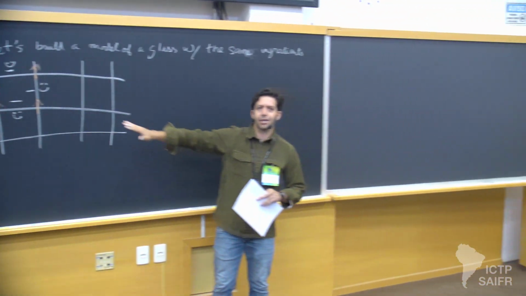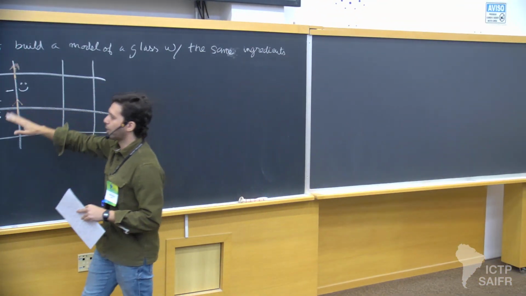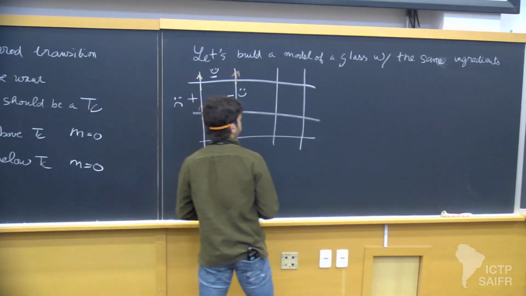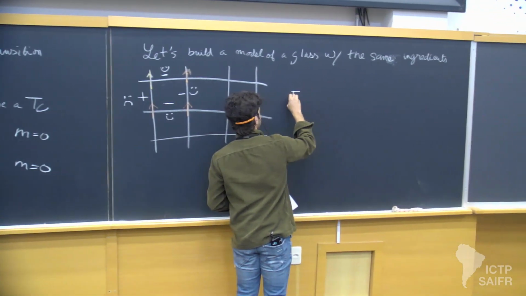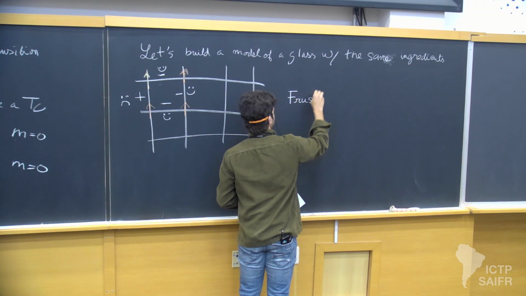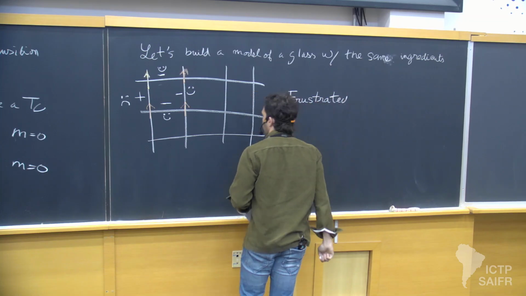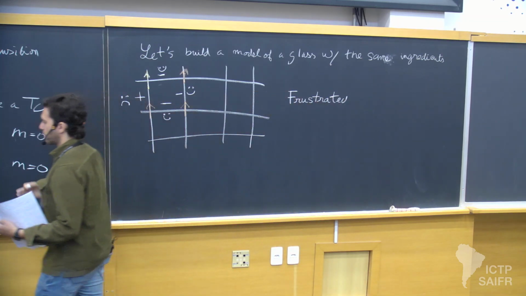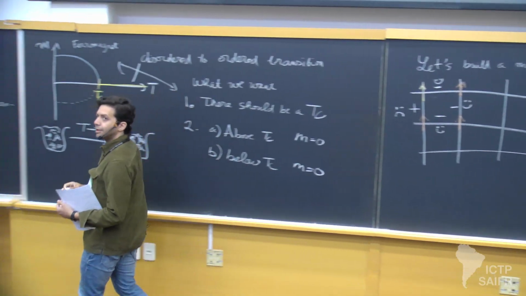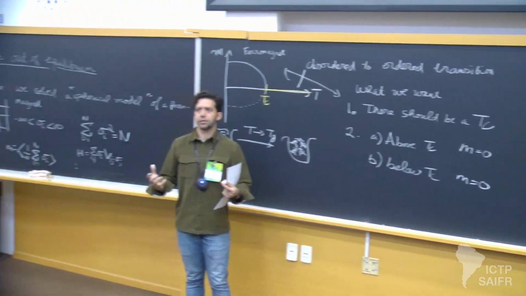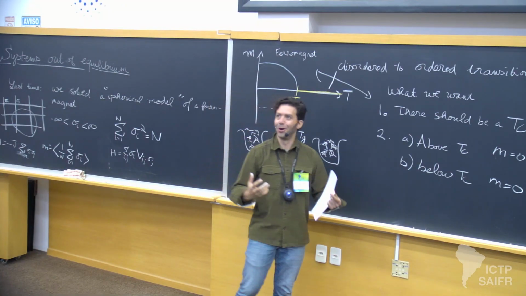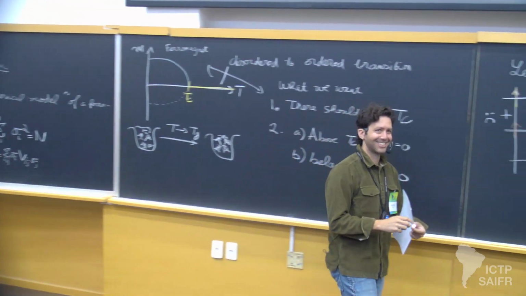But because you can't satisfy all the bonds, we say that such a system is frustrated. A system is frustrated when the lowest energy state has some unsatisfied bonds. So it's just kind of annoying, you know? You can't satisfy everybody. It's frustrating.